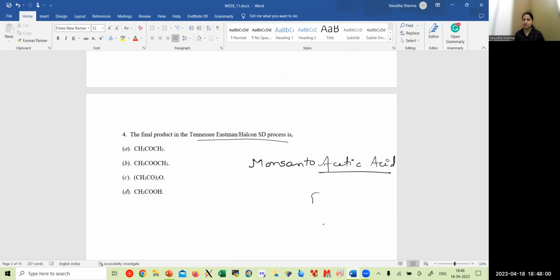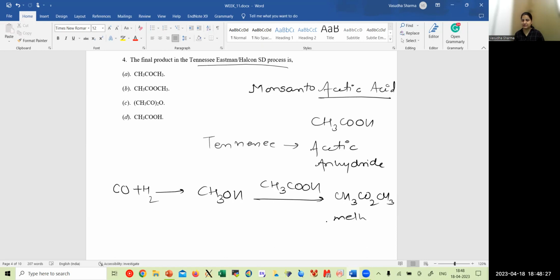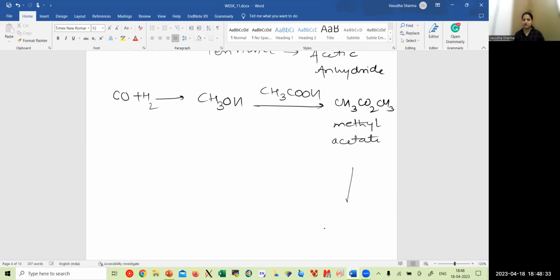The name suggests that it is giving you acetic acid formation, whereas the Tennessee one involves the formation of acetic anhydride, which we just saw in the last lecture, where it goes from carbon monoxide to form methanol, which is being treated with acetic acid to give you methyl acetate, and ultimately, in presence of carbon monoxide, it gives you acetic anhydride.